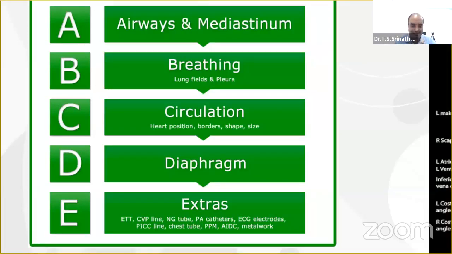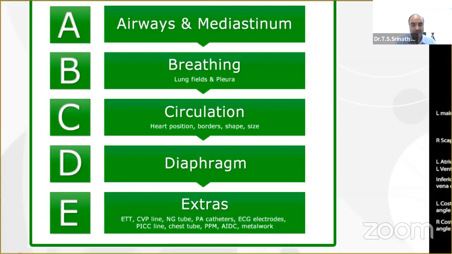CT abdomen: whenever you suspect an abdominal injury, you did a FAST scan, there is free fluid, and you are unable to diagnose whether there is an injury or not. Contrast enhanced CT is always useful when you suspect an abdominal injury. There are even some studies saying that when you are doing a polytrauma series of CTs, include a contrast enhanced CT scan itself.